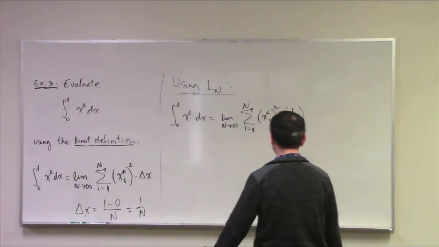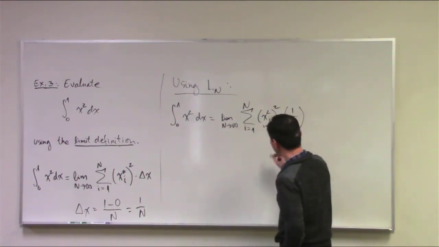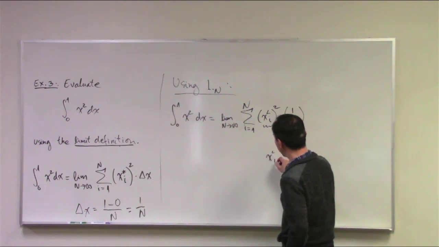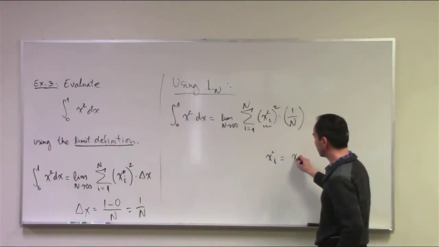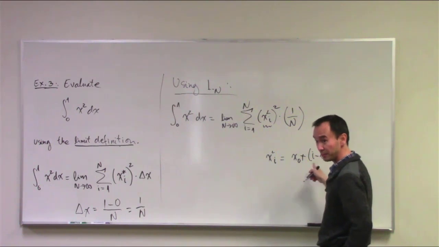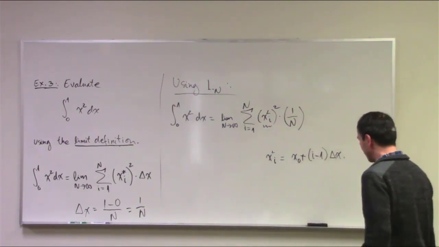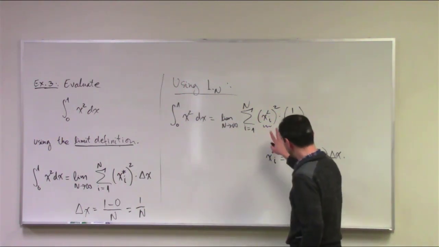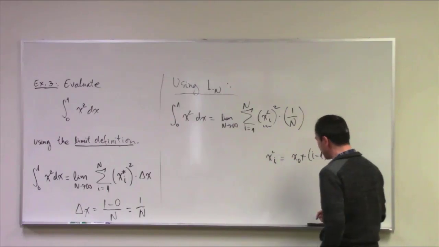Okay, so do you recall the generality about x L i? x L i is always x of 0 plus i minus 1 times delta x. Remember that general rule? Putting the pieces together, we have to tear this down into deeper detail.